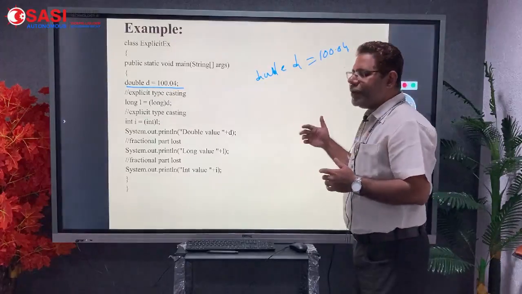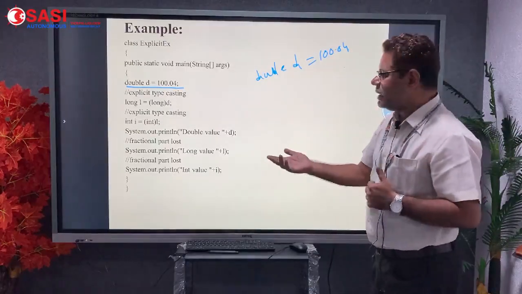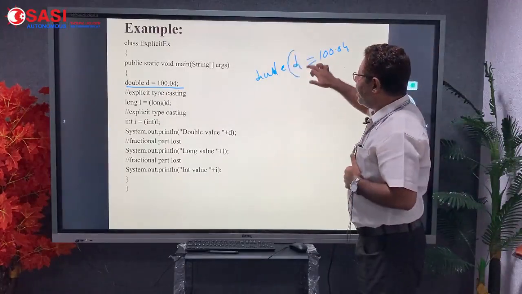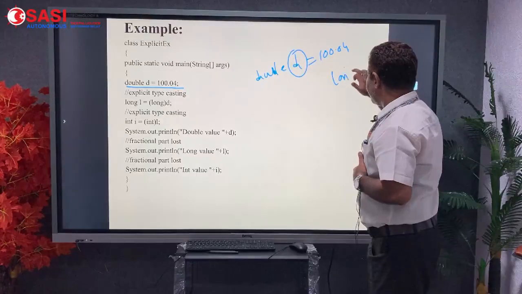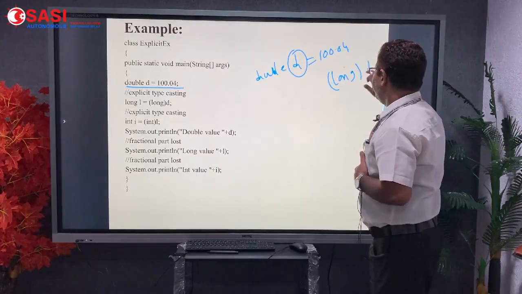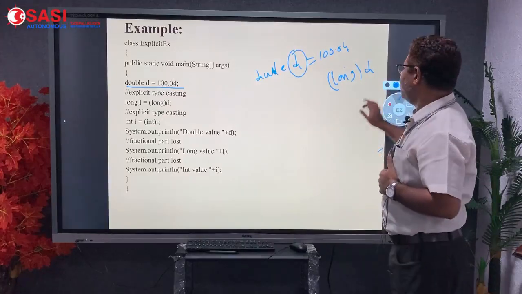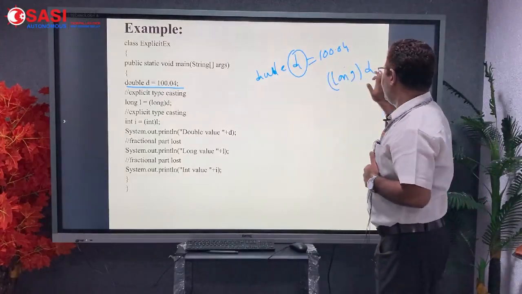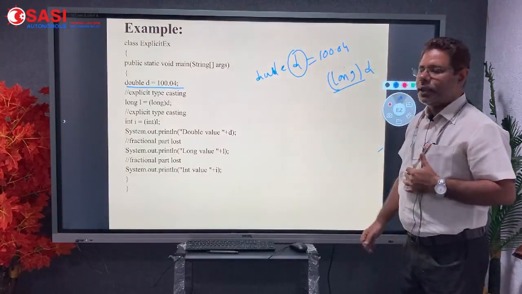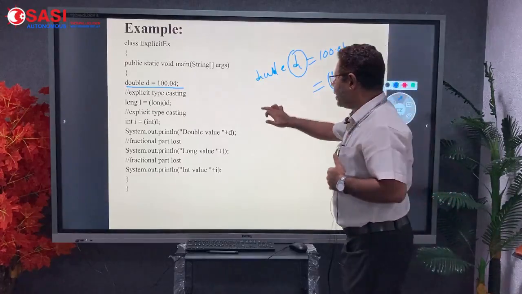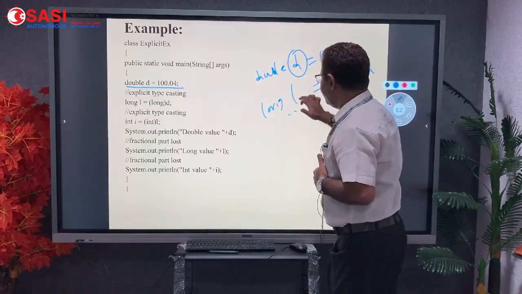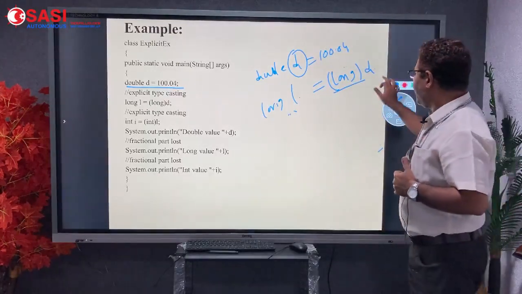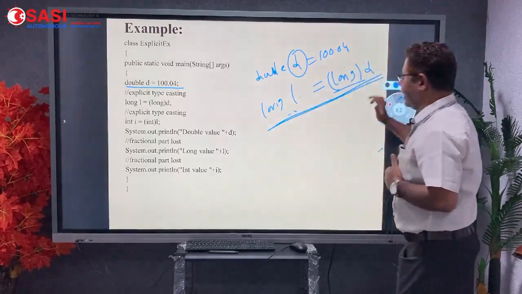So we need to perform the explicit casting. That means the d value is explicitly converted into long. Then we can move that value into another variable. So this is the explicit casting.